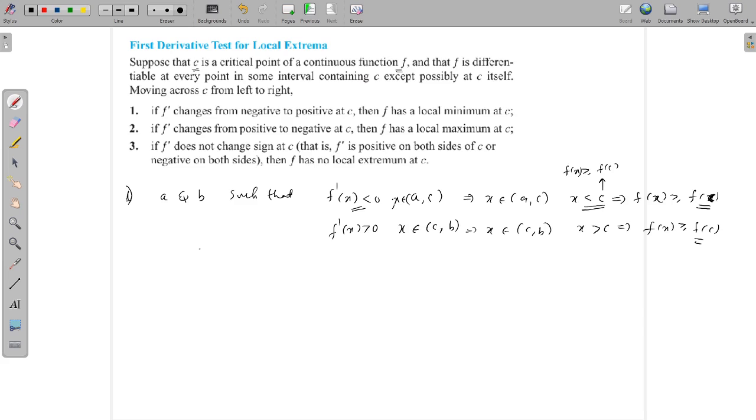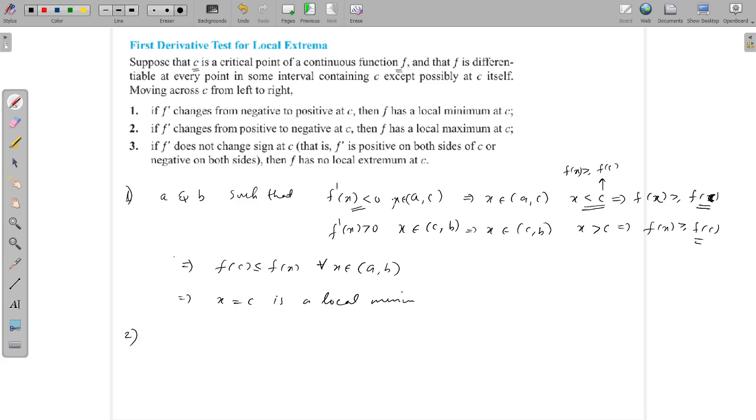So in the interval (a, b), f of c is the minimum value. So f of c is the local minimum for all x belonging to the interval (a, b). This shows that x equal to c is a local minimum.